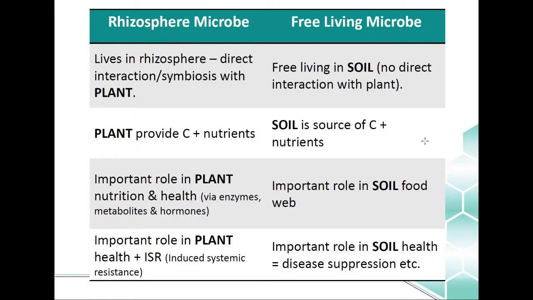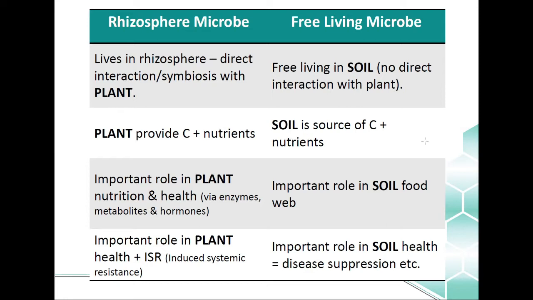So let's compare the microbes in the rhizosphere, that is plant associated, with the ones living in the bulk soil, the free-living microbes that are not plant associated. The rhizosphere microbe lives in the rhizosphere, in direct interaction or symbiosis with the plant, whereas the free-living microbe is living in the soil, with no direct interaction with any plant.